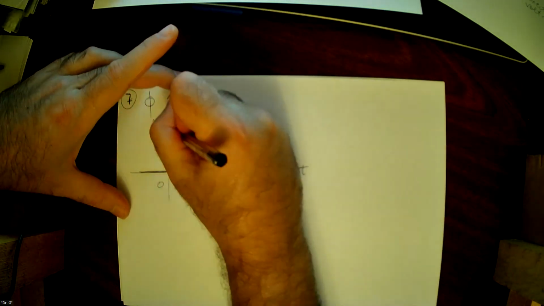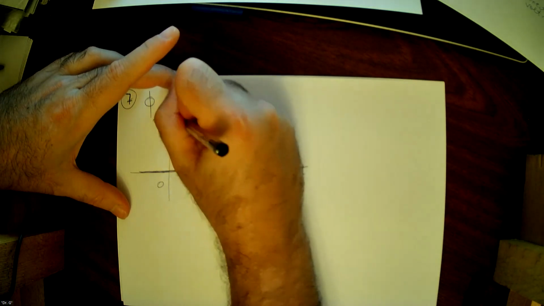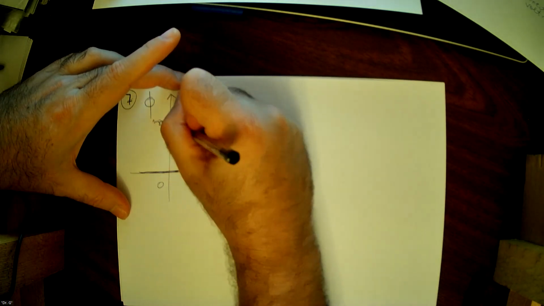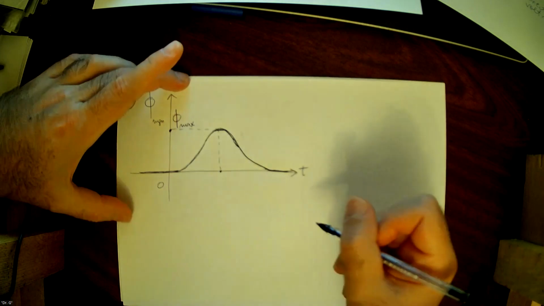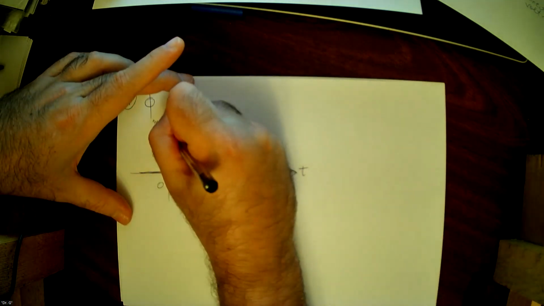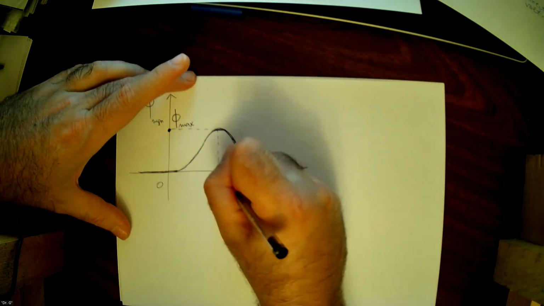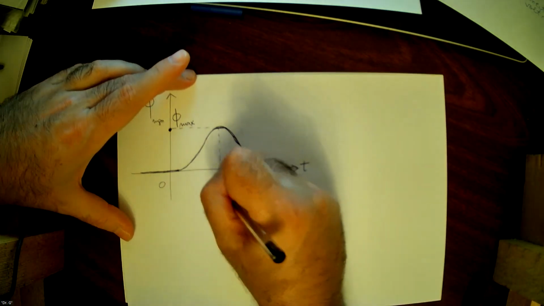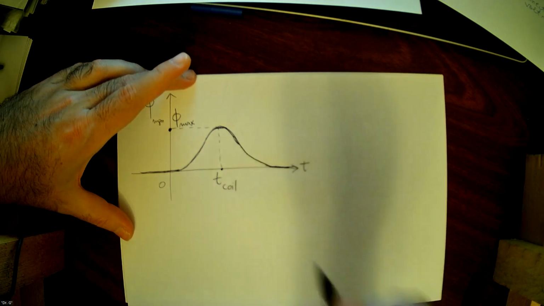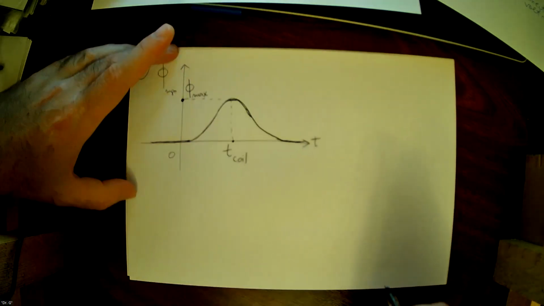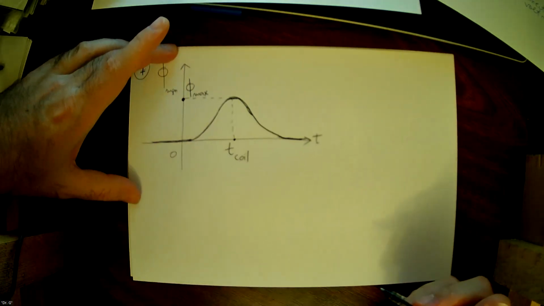Okay, a maximum value, let's call it phi max. Okay, this is the time when the magnet is in the coil.